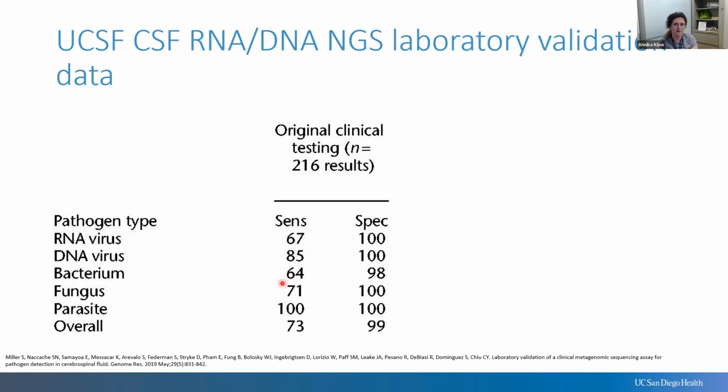So the sensitivity being on the lower side in the 70s or 80s as a preliminary result may not be actually as bad as one thinks it is. Fungus and parasite, we haven't really attempted yet to look for, so hard to know how we'll compare. So their overall was 73. We don't have data yet to do specificity analysis, so really only able to compare the sensitivities.